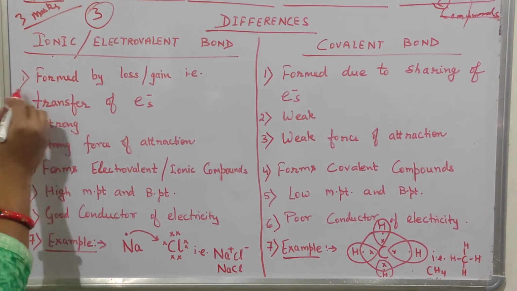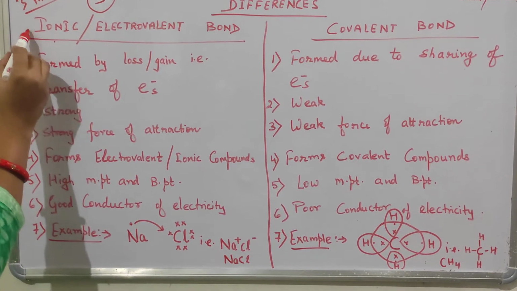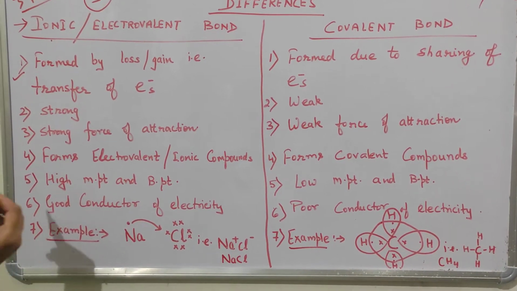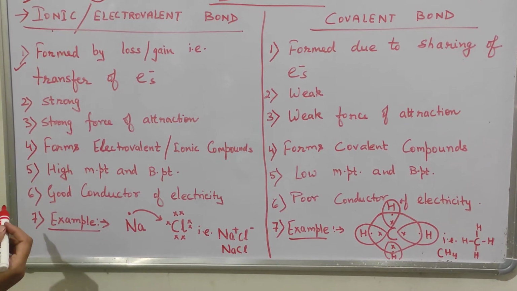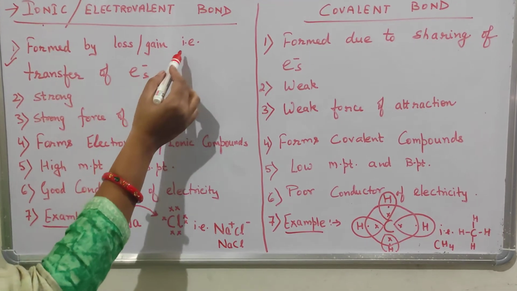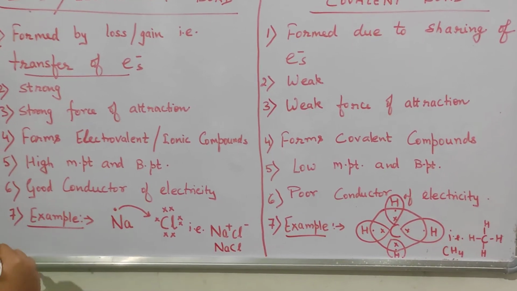So one by one you will write down in a numbering. First point about the ionic bond and covalent bond. It means definition for them. So here the electrovalent bond is formed by loss or gain of electrons, that is transfer of electrons.